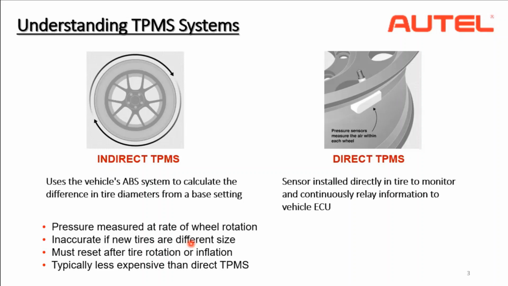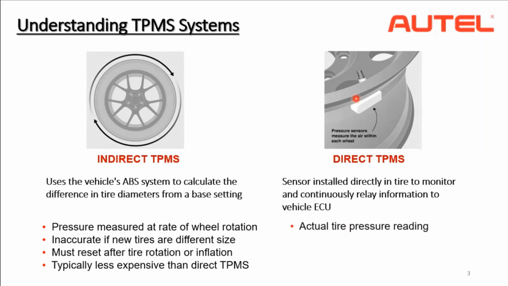A direct TPMS is a system which uses a TPMS sensor installed in your wheel, in the rim, attached to your air pressure valve, and it uses an antenna system to receive signals from the tire pressure sensors and continuously relays that information to the vehicle's ECU. So that's how the direct TPMS works.